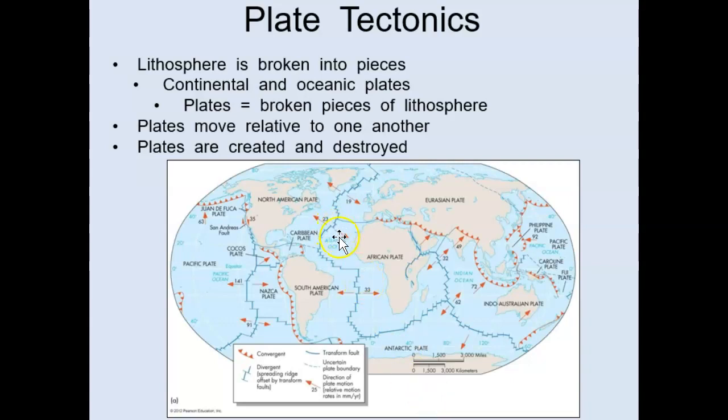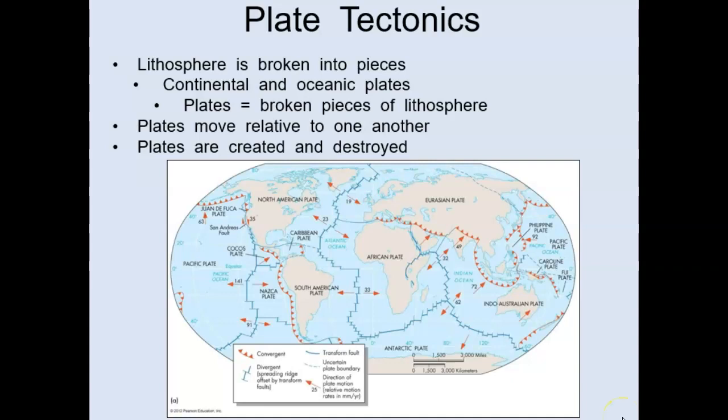These plates will move relative to one another. So this one moves relative to this one, which moves relative to this one, and so on and so forth. By looking at these motions, the material will either be created, or it will be destroyed, or it will neither be created nor destroyed, but the whole plate might be shifting, basically. And we'll look at this in detail.